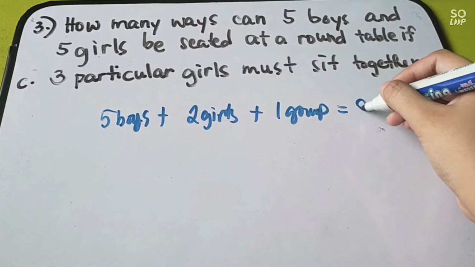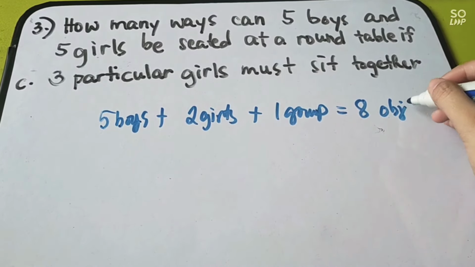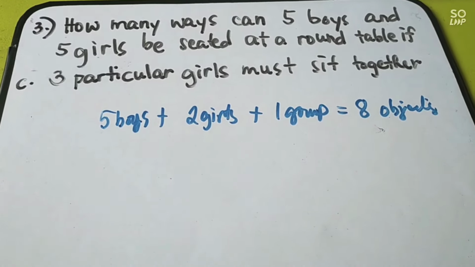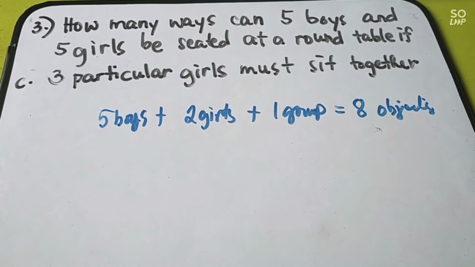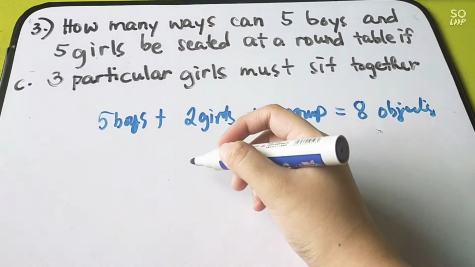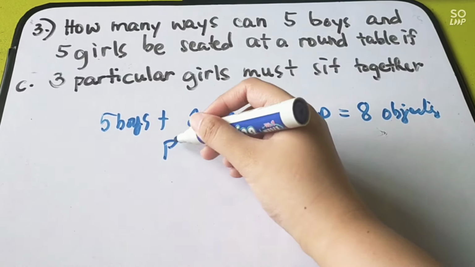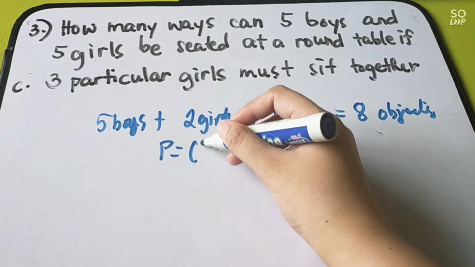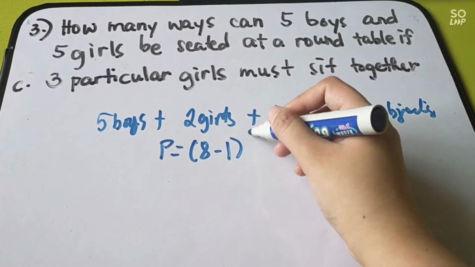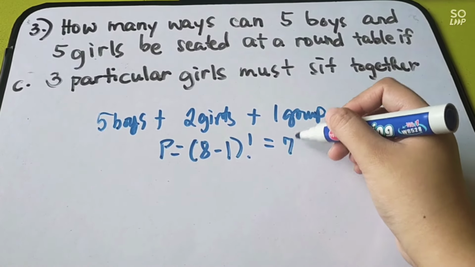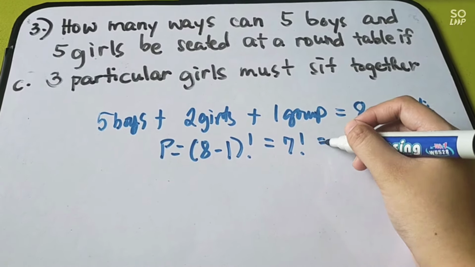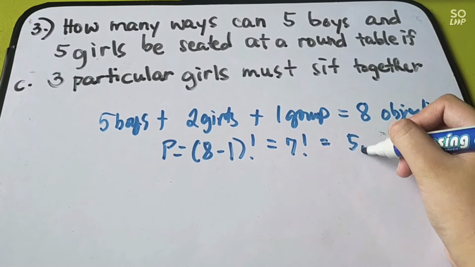The answer is 8. So, 8 objects na lang yung ating involved. Then, let us find the permutation with that group. P is equals to 8 minus 1 factorial. The answer here is 7 factorial, which is equal to 5,040.